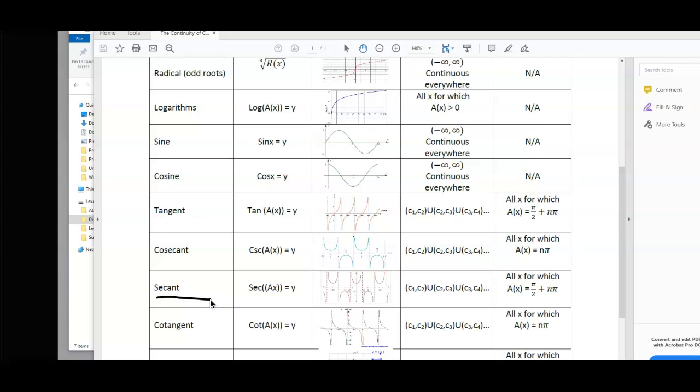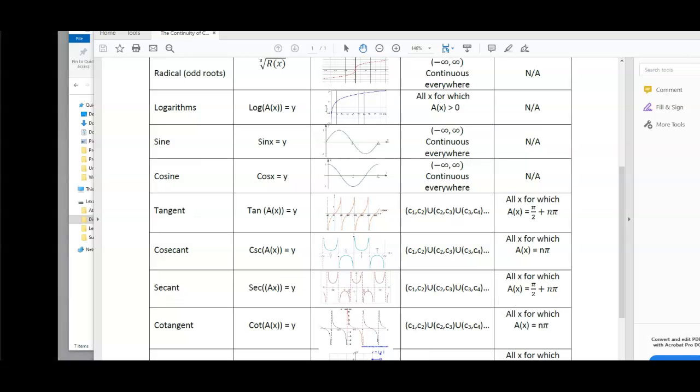And secant functions have discontinuities for all those values of x where it makes the argument some multiple of pi added to 2 pi. Now that's kind of complicated, but the point there is essentially that no, secant has discontinuities. So secant is not continuous everywhere.